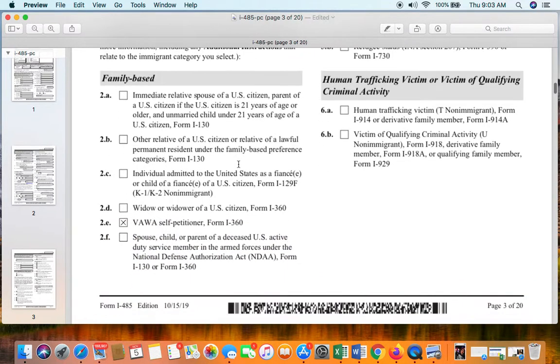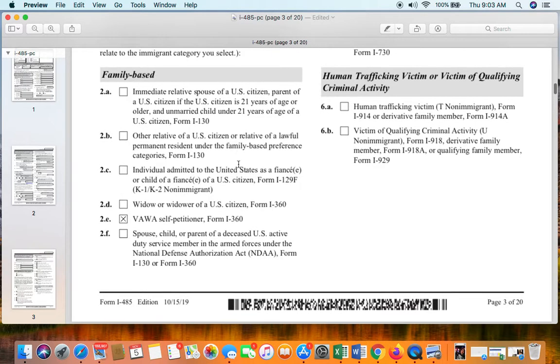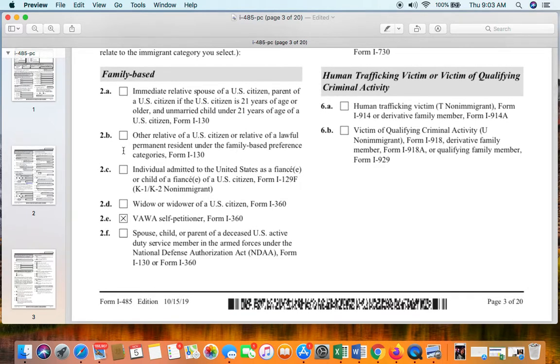So for example, this is family-based. For example, number 2A, immediate relative: spouse of a U.S. citizen, parent of a U.S.